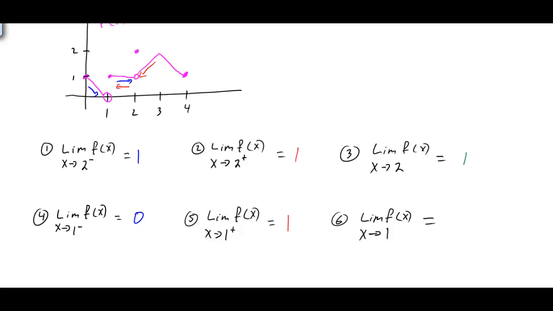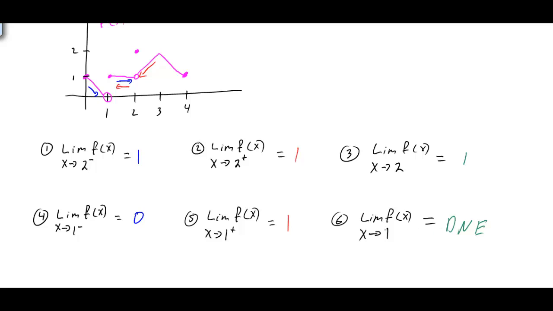So from the left we have a 0, and from the right we have 1. Now what's the limit of our function as x approaches 1? Remember, there's no plus or minus in the exponent, so that tells us we're looking from both sides. Because the limit is approaching 0 from the left and 1 from the right, we're approaching two different numbers, so that means your limit here does not exist.